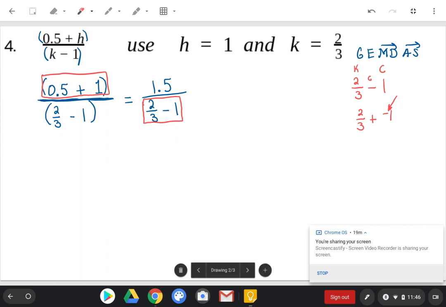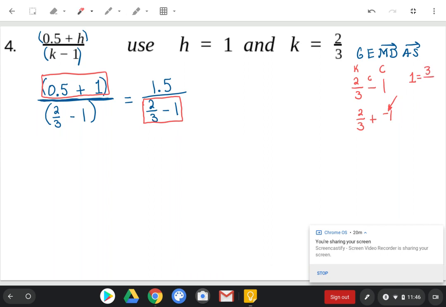Now I need to subtract. But again, we have a slight problem. One number is a fraction, the other number is a whole number. A lot of kids would try to turn that fraction into a decimal, but that's not going to work for us because 2/3 as a decimal is decimal 6 that repeats forever, and that's going to give us a number we can't work with. So the better thing to do would be actually to turn that whole number into a fraction. Let's think about 1, okay?